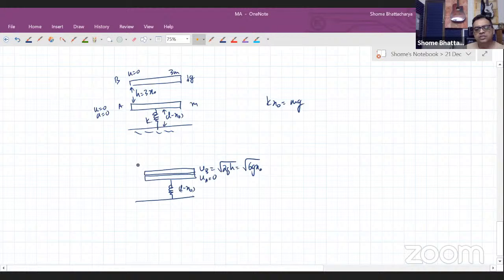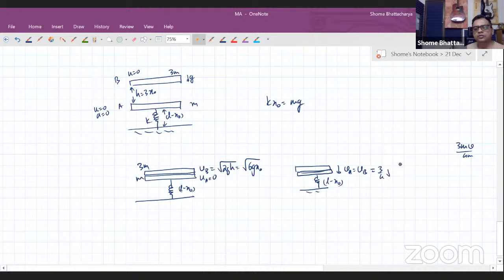Just after impact, they will have a combined velocity of how much? They'll have a combined velocity of 3mv divided by 4m, so 3/4 of root 6 g x naught.